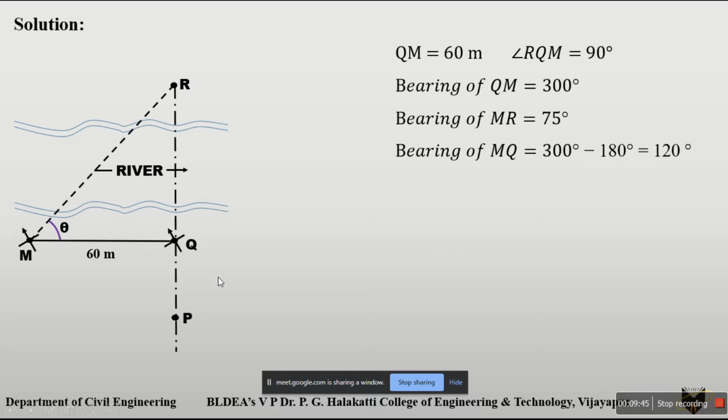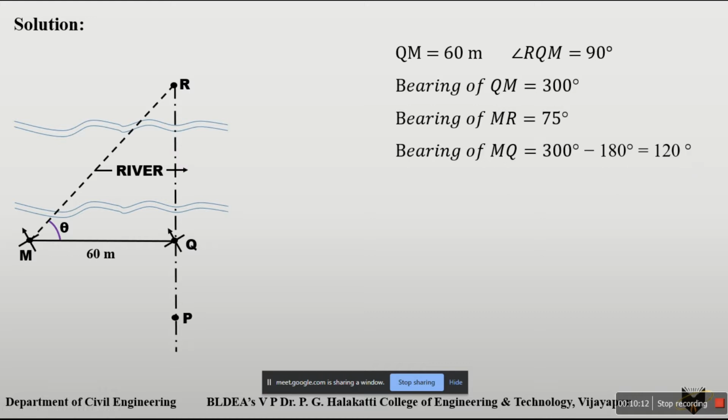So in this problem, the fore bearing, Q to M bearing, is 300 degree, it is more than 180 degree. So for finding the bearing of M point to the Q point, you use minus 180 degree. We are getting the bearing of M point to the Q point as 120 degree.